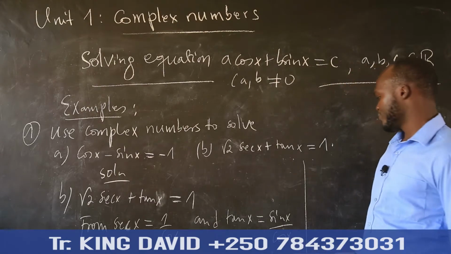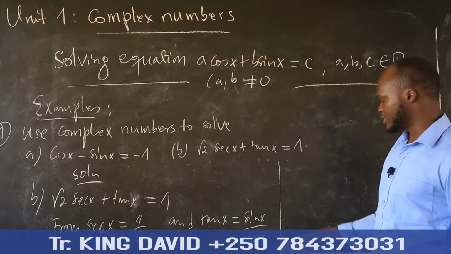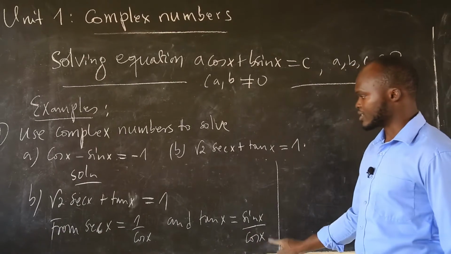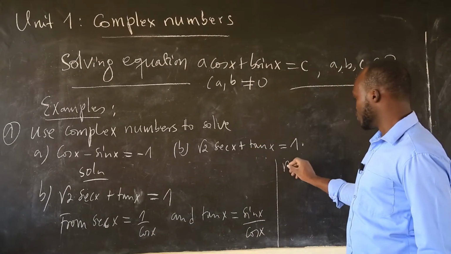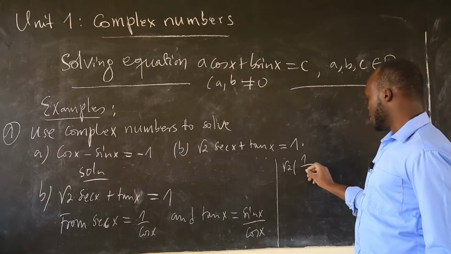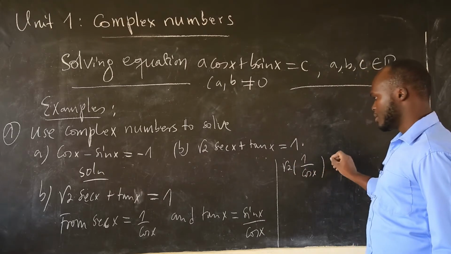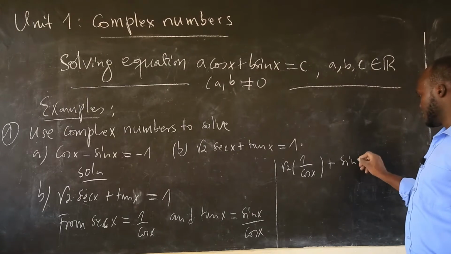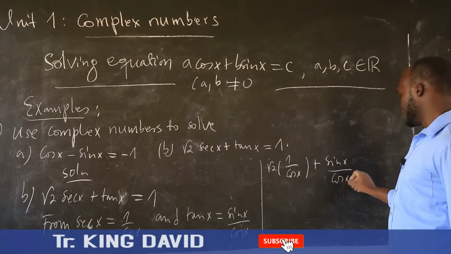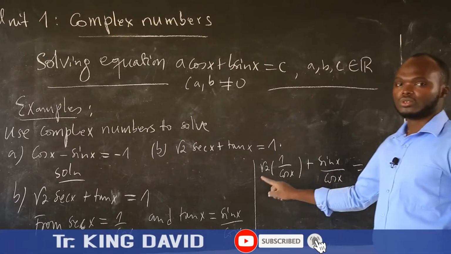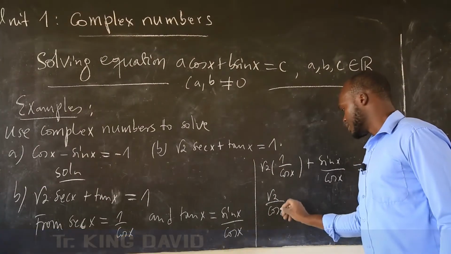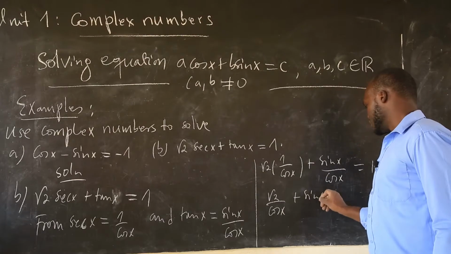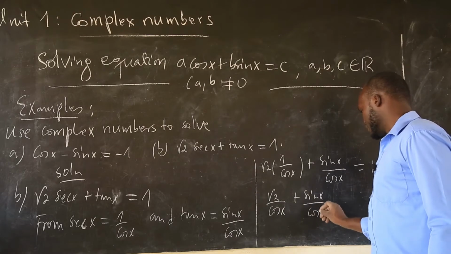So now, if sec x is 1 over cos x and tan x equal to sin x over cos x, this equation is going to become root 2 into bracket 1 over cos x plus sin x divided by cos x, equal to 1.